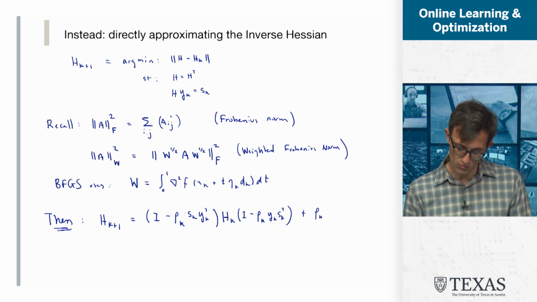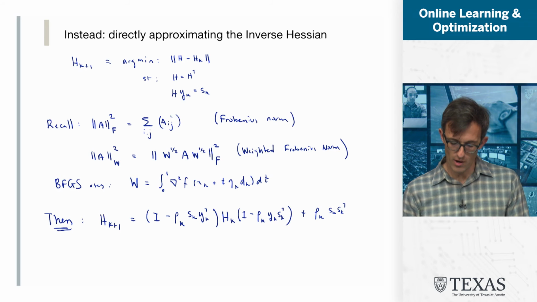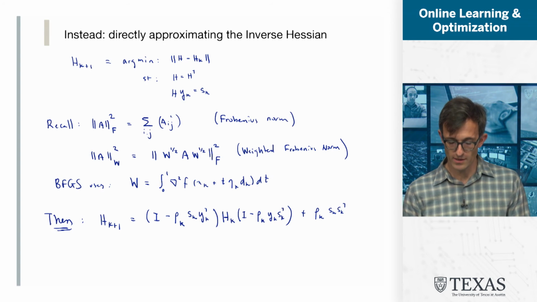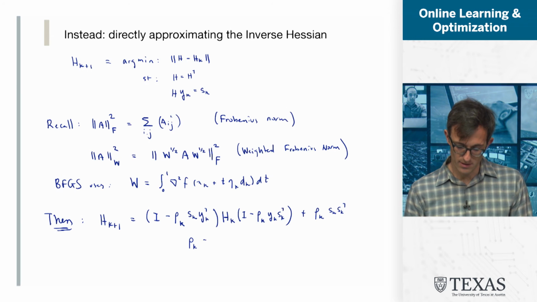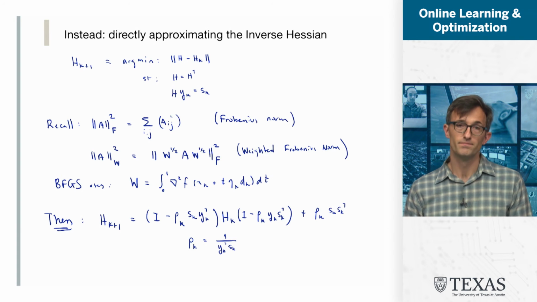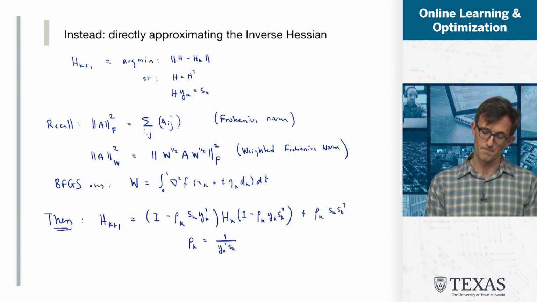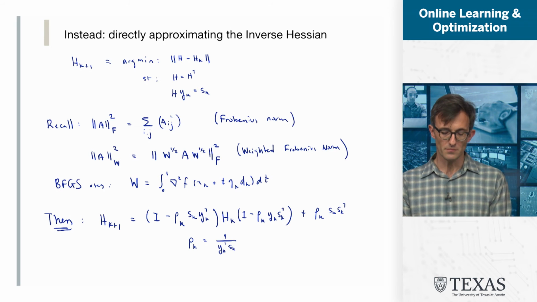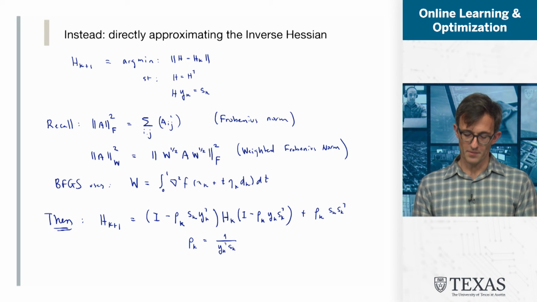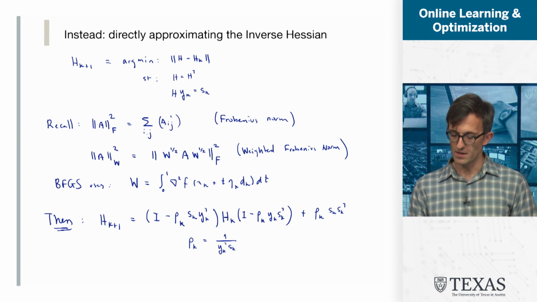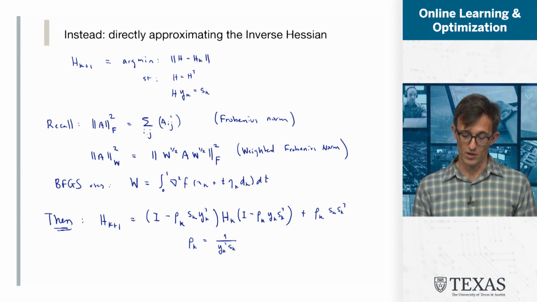Plus rho k times sk sk transpose. You know everything in this equation. You know what Hk is, you know what sk and yk are, and rho k is just a constant. It's equal to 1 divided by yk transpose sk. So what this tells us is that we can obtain Hk plus 1 from Hk just using this equation.